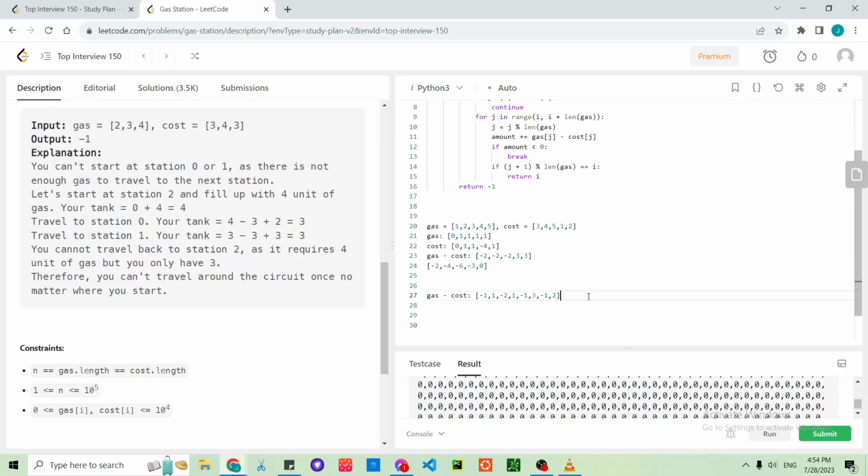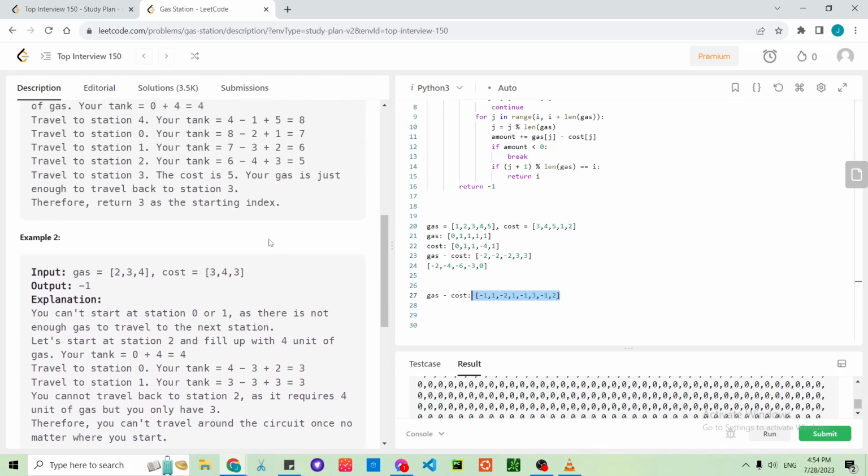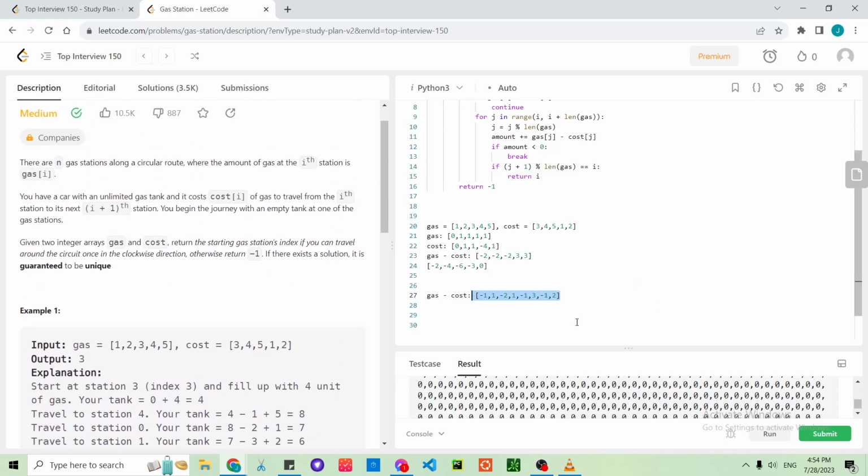And I'm not sure if this guarantees only one unique solution. But this should.